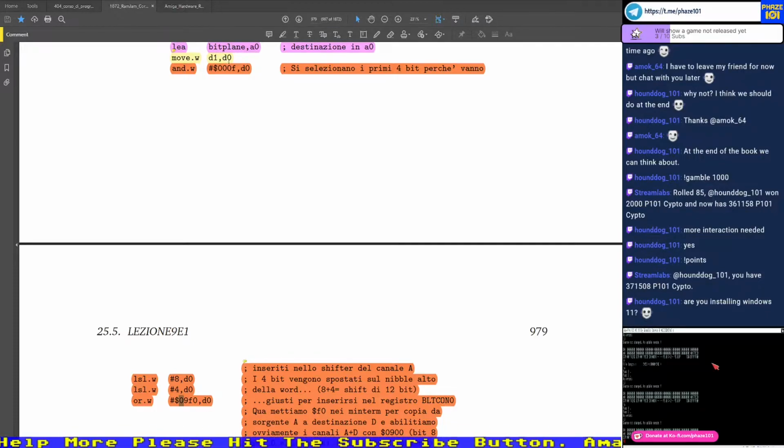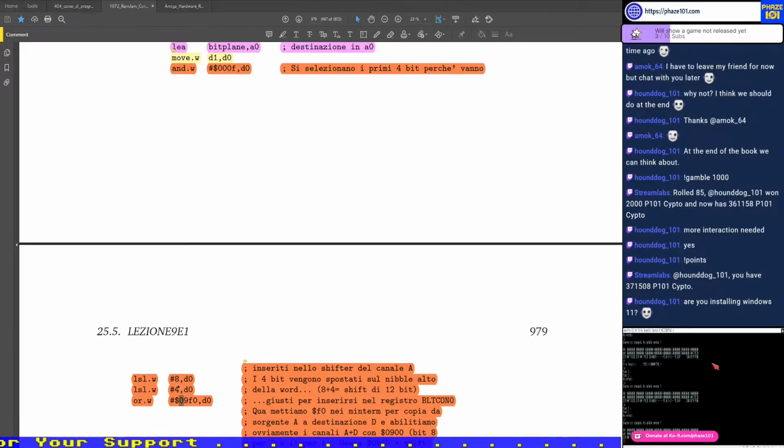We AND it with F, so we make sure that we are only working on the lower 4 bits. We shift the lower 4 bits, whatever the value of our shift is, by 12, so 8 and 4, that is shifting of 12 bits, and that number, when we OR it, is stored in where we have the 9FO. So that's the method that we are using here.